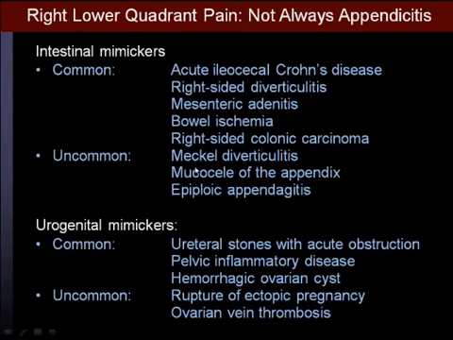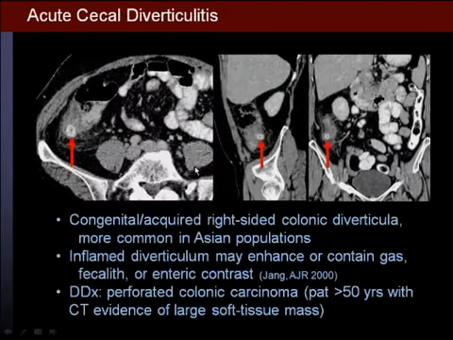The first one is acute cecal diverticulitis, which presents, as in this case, of course, on the right side. The pathophysiology is that we are dealing with a congenital or an acquired right-sided colonic diverticulum. It occurs more commonly in the Asian population.